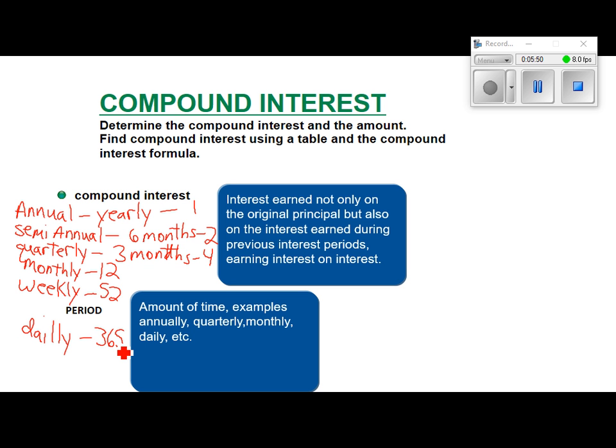So, you're gonna have to know all these, we went over them earlier this year, know all of them, so you know what they're talking about. Usually the ones that we deal with when we're talking about interest will either be daily, monthly, or quarterly. Those are the ones that usually, for interest, they use.